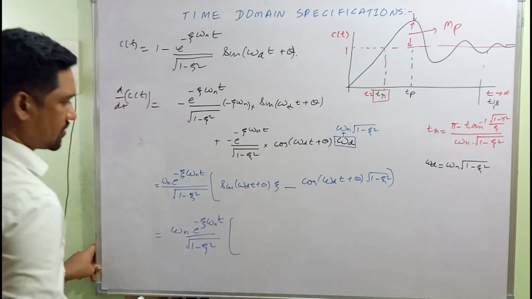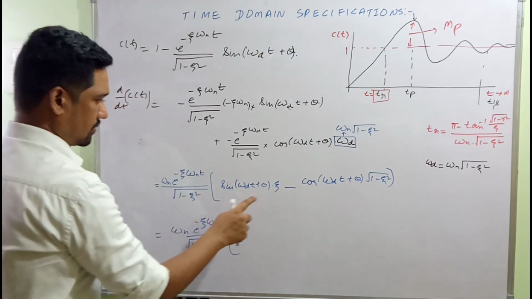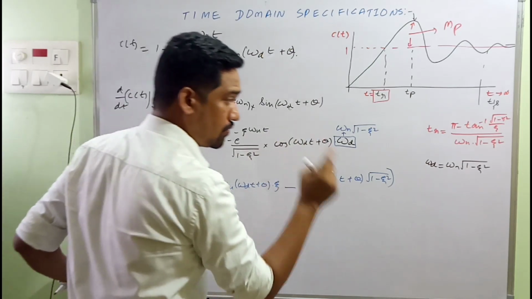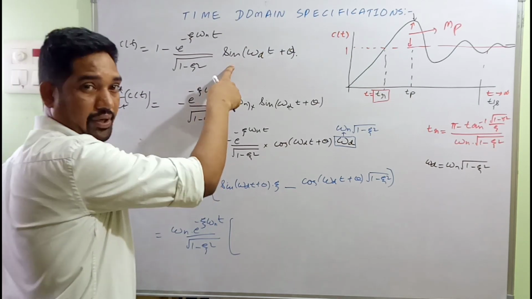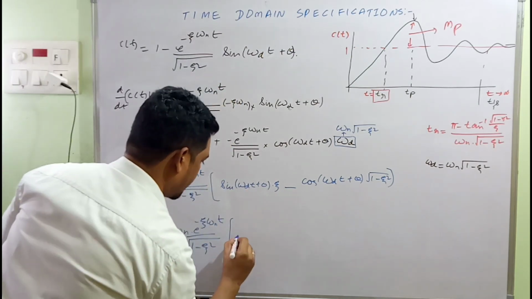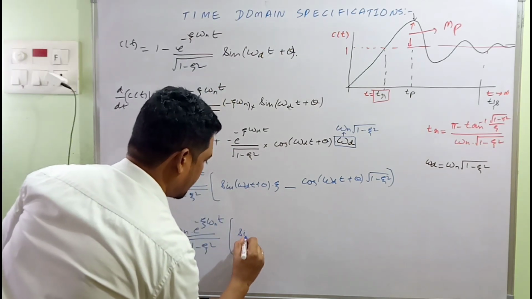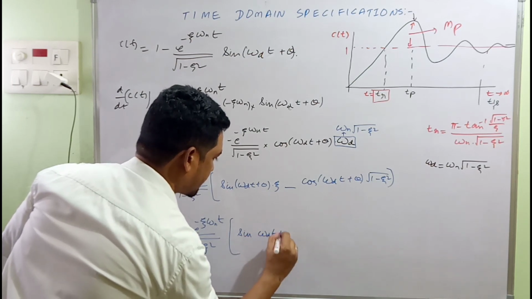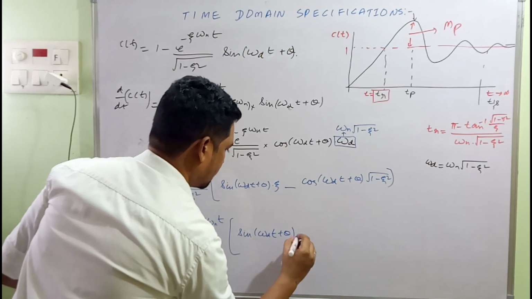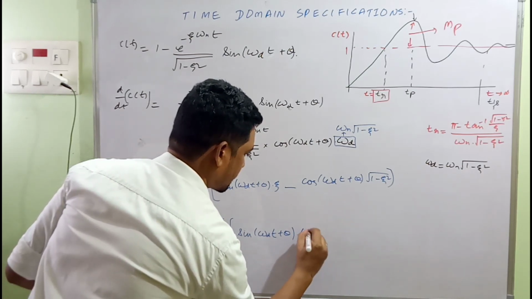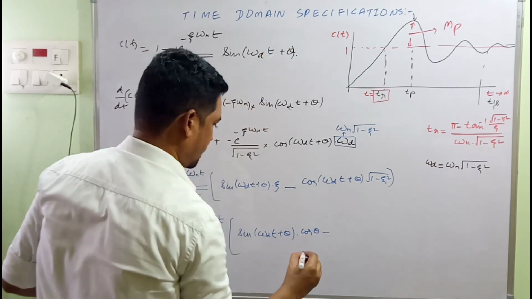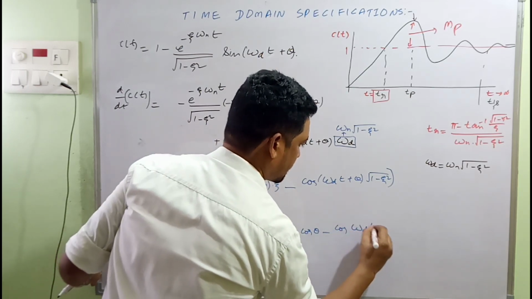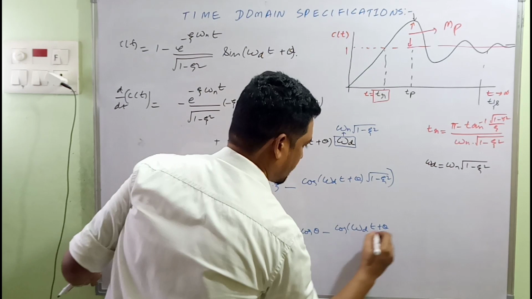This could be simplified to something else, as it's a cos theta from the triangle which we made use of to reduce to this expression. From the triangle, this will be cos theta, in the sense here sine omega d t plus theta into cos theta, minus cos omega d t plus theta.